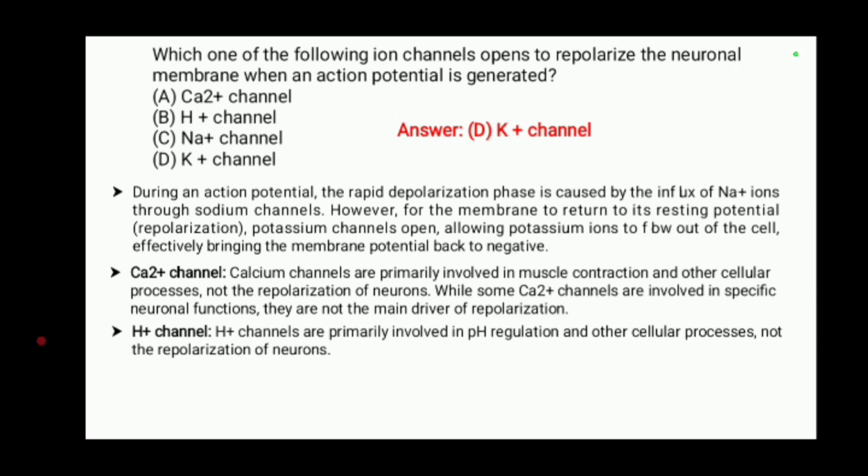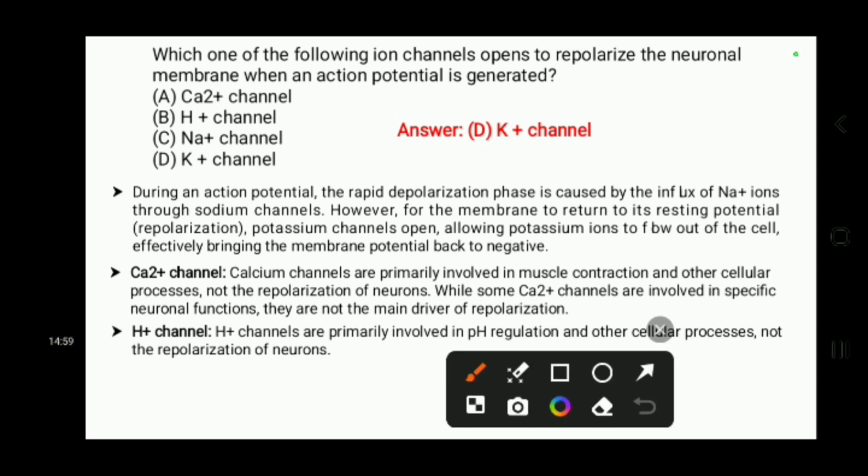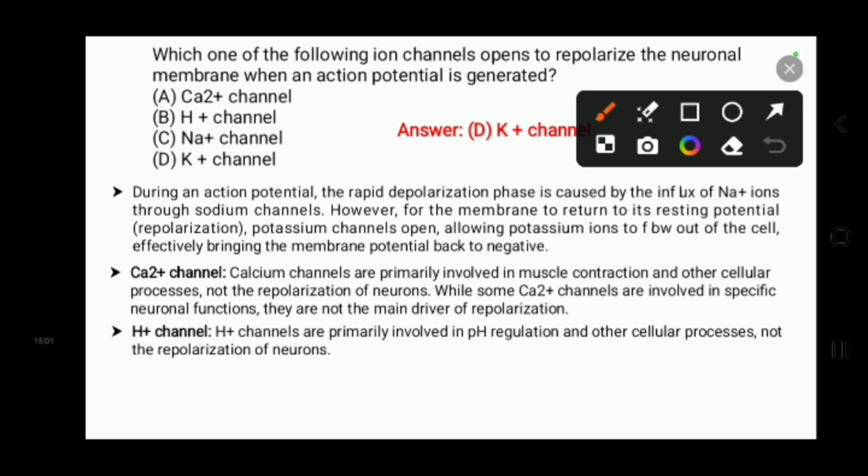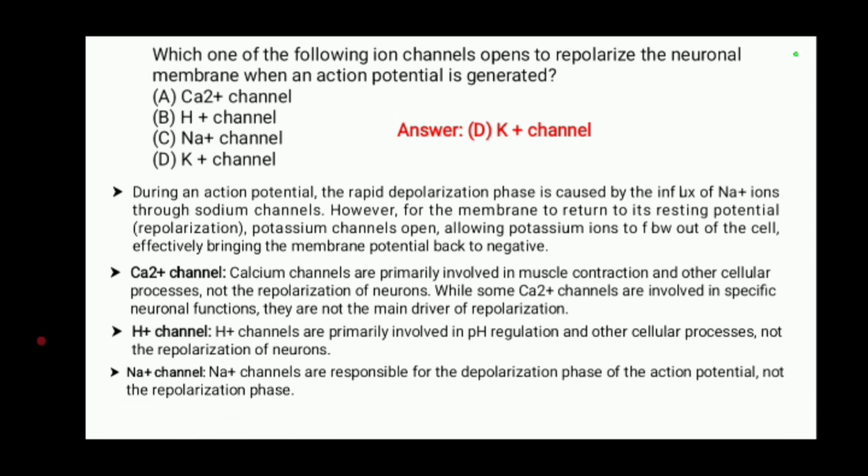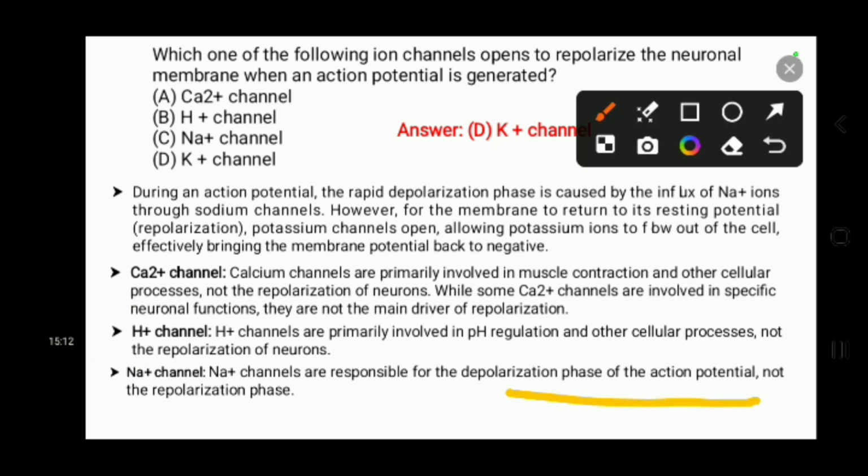Next is H+ channel, that is hydrogen channel. Hydrogen ion channels are primarily involved in pH regulation and other cellular processes, not the repolarization of neurons. Now, Na+ channels are responsible for the depolarization phase of the action potential, not repolarization.